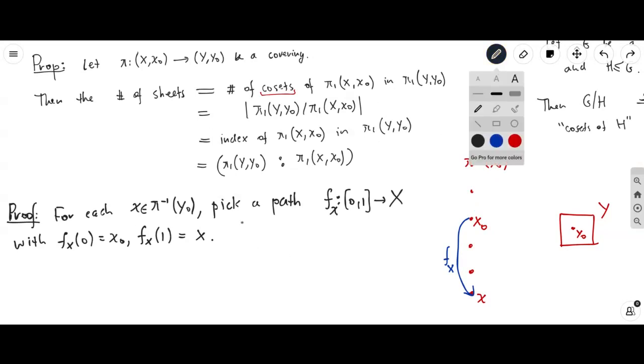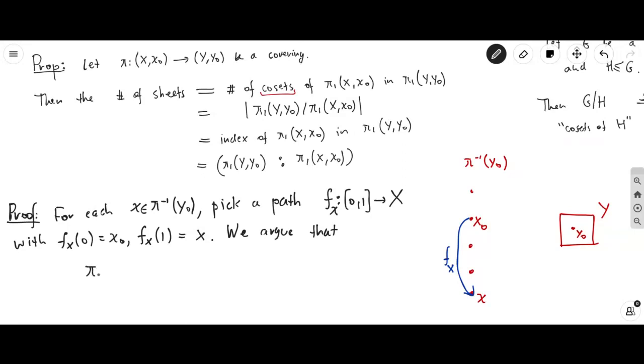And we argue that if you take this subgroup, pi 1, well, let me say it like this. Let me remove this.